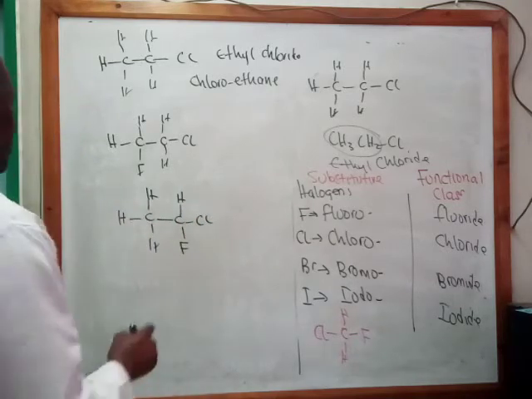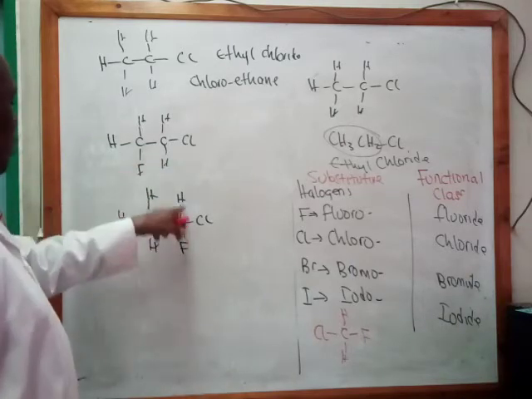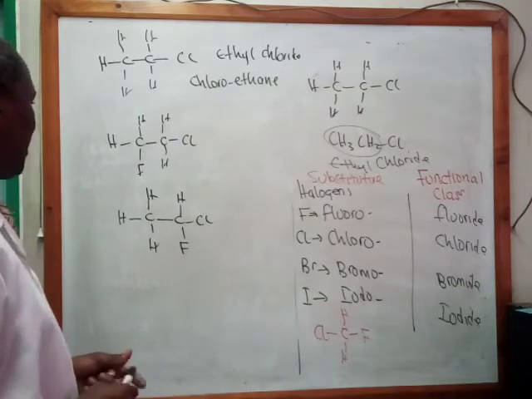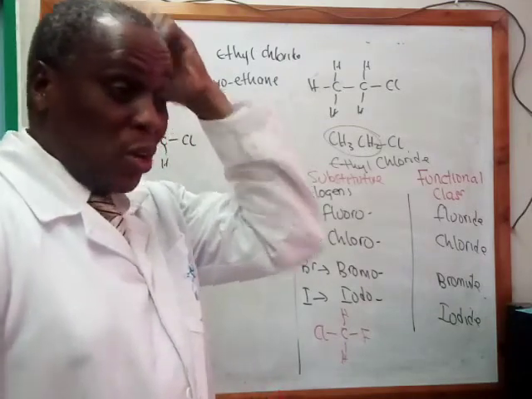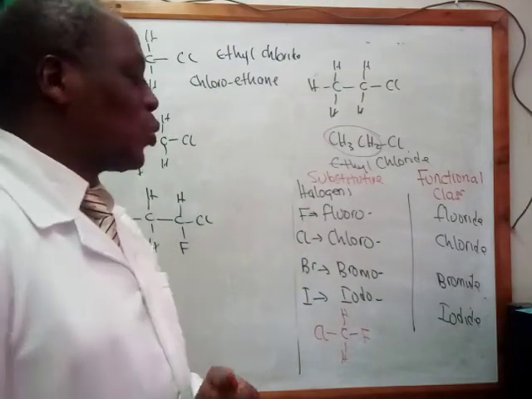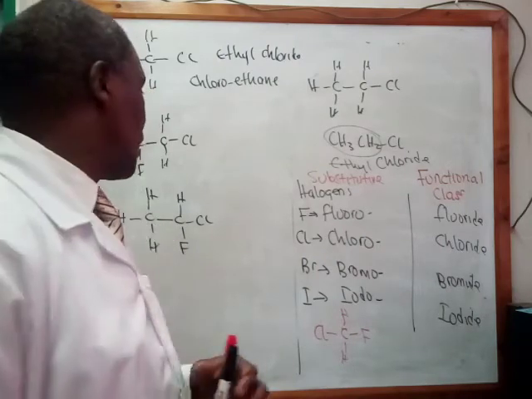Are you seeing that? So this is an isomer of this, but they are not the same structure. So it is important to now start adding numbers to be able to know exactly the position of the substituent.